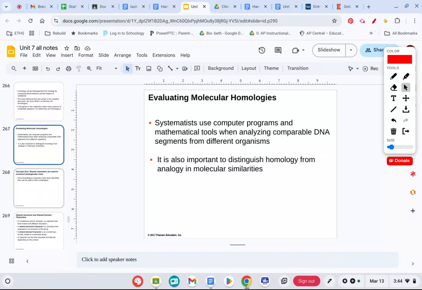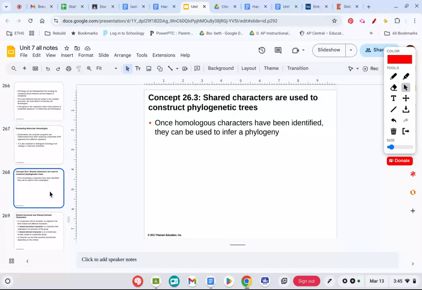So again, the structure is the same, but the function is different. It goes back to that one bone, two modifications. So we could have the same or very similar DNA sequences, but now they're coding for proteins that do different things. They indicate a similar background or similar ancestor, but now they're doing something different with that particular DNA or chemical.